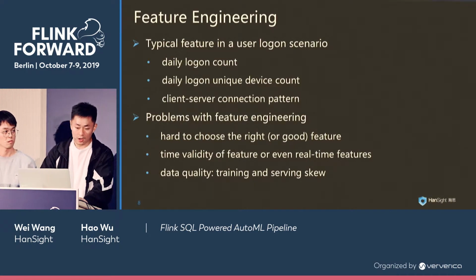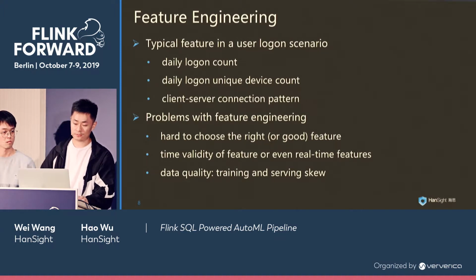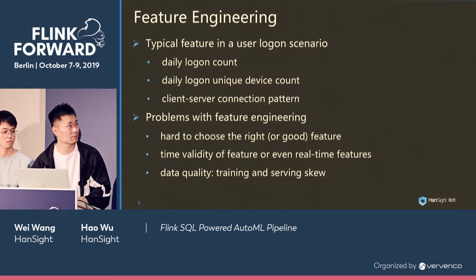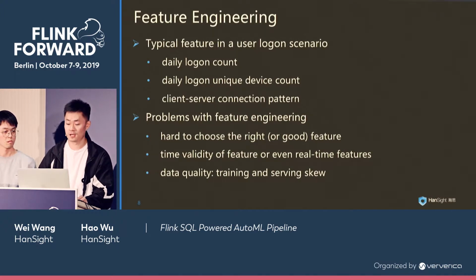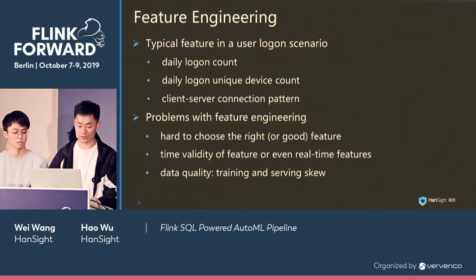One thing worth mentioning is the feature engineering, so how we do feature engineering in our company. Here is an example of a typical user logon scenario. We can calculate the daily logon count, or the daily logon count by device, or we can generate the client-server connection patterns and so much other stuff. But there will be problems with feature engineering.